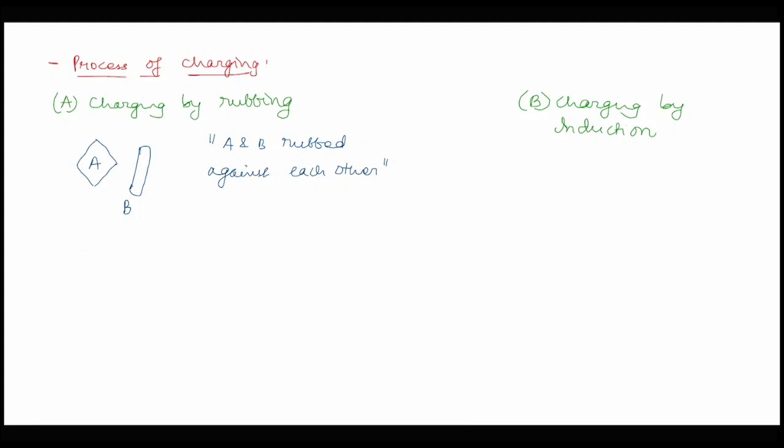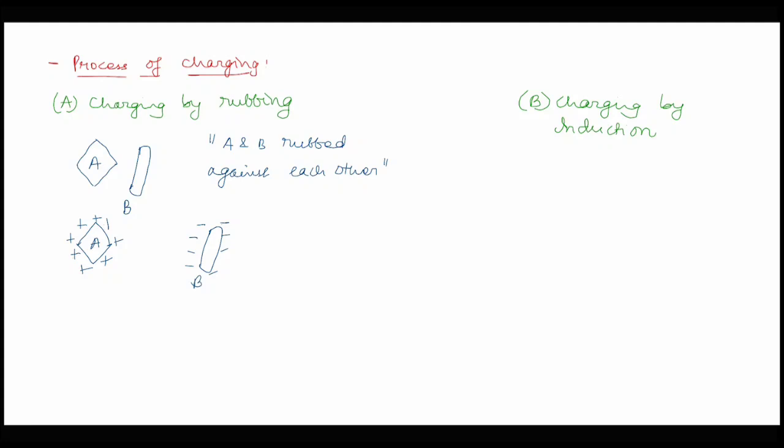Maybe after charging, A acquires a positive charge whereas B acquires a negative charge. It must be kept in mind that the amounts of positive and negative charge on A and B will be equal in magnitude. It is equally important that when we rub these two objects, they become electrically charged by the transfer of charge, that is, electrons being transferred.